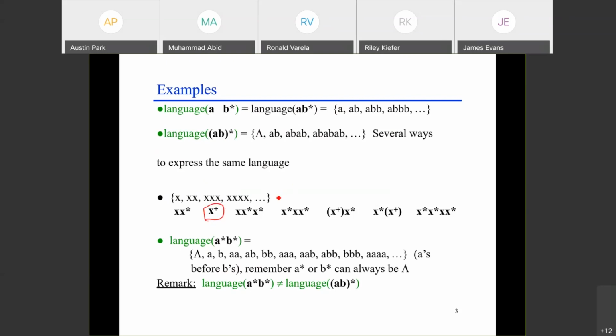So now, if you write the regular expression, I will either give you an English description of the language, or I give it this way and ask you, please write the regular expression of this language. So how do you write the regular expression of this language? X plus. X plus means no lambda here, but all possible combinations of x. Okay. Are we happy with this?